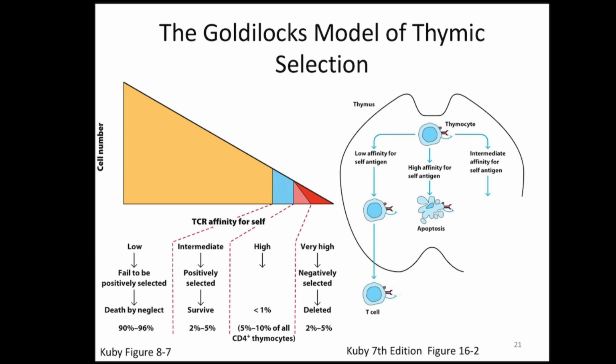Sometimes we refer to this process of active killing as negative selection. So we are going to negatively select our T cell if it is self-reactive. So if it has a high signal in the thymus, that is bad, bad, bad. We are going to negatively select it, which basically means we're going to delete it.